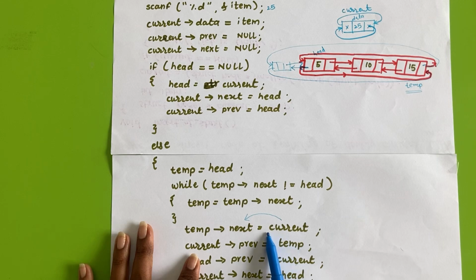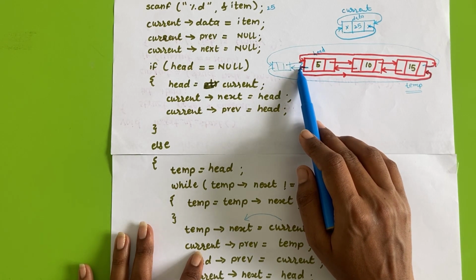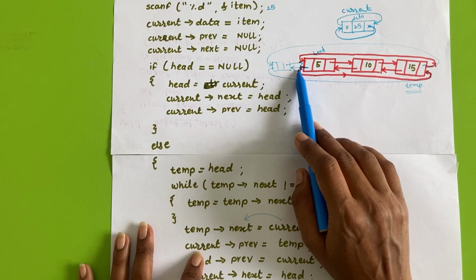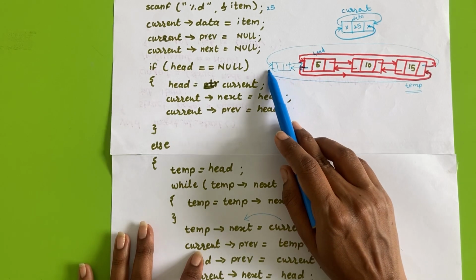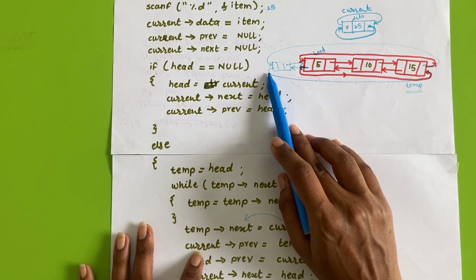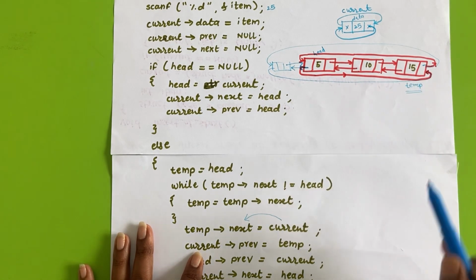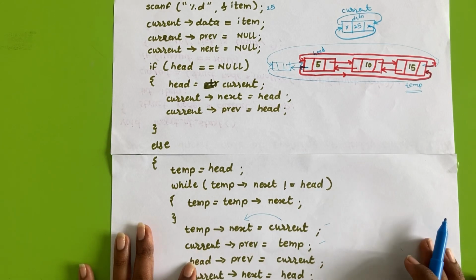So the temporary node's value went into current tends to previous. Okay, so here we have to make 4 changes in the pointer fields. We have done 2 out of this. Okay, so now my current is pointing to this last node. Current previous field is pointing to my last node. Okay, so these two are done.